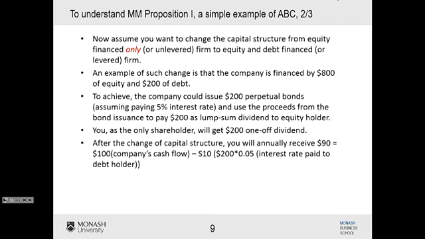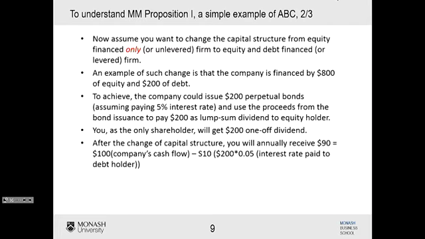What the firm is going to do is pay the proceeds as a dividend to the shareholder. Okay? So the shareholder receives a one-time lump sum dividend. And because you're the only shareholder, you are the one who received this.